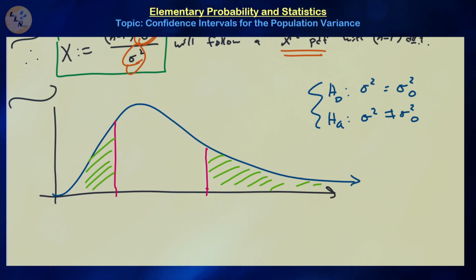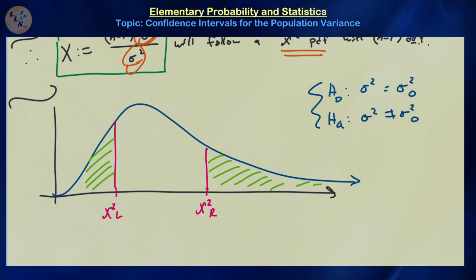If I want that to be true, then I need to define two boundaries, which I'm going to call the critical values for this interval: chi-squared L and chi-squared R. Notice this is a little different compared to the t and z distributions because this is not a symmetric distribution. Therefore, it's not a z critical value and its opposite, because both of them are positive and one is significantly different than the other.